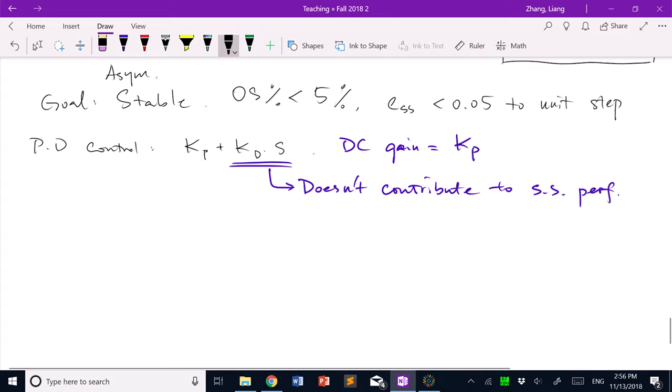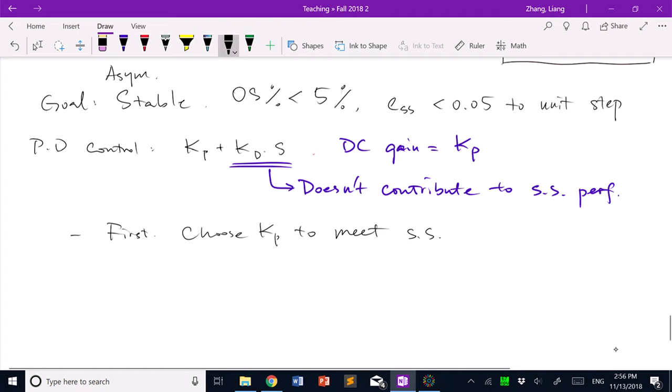So the way that we design the controller is first choose Kp to meet the steady state performance requirement, and then choose Kd to meet the others.